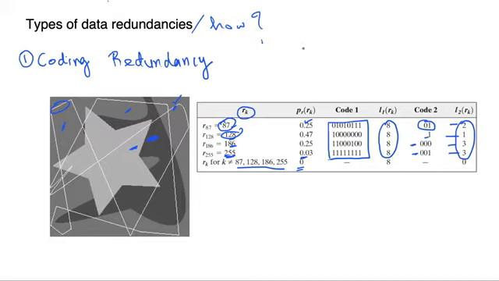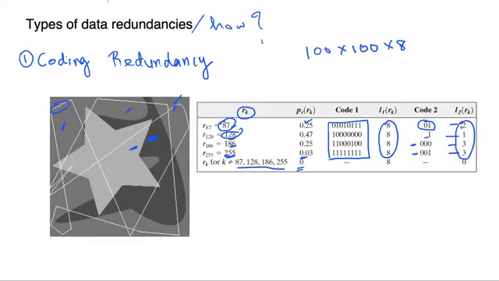Now imagine that this image is, let's say, a 100 by 100 image. Then if each of these intensity values is represented by 8 bits, I will be consuming 100 into 100 into 8 bits of data in order to store this image.